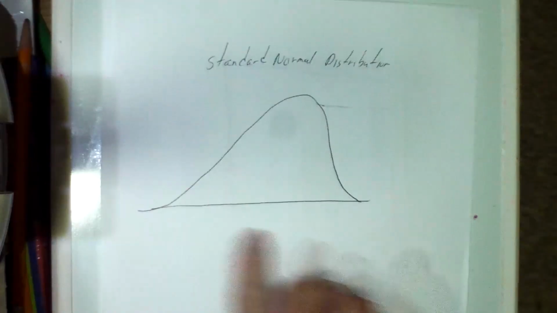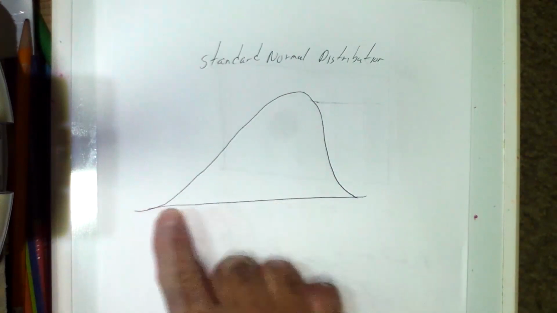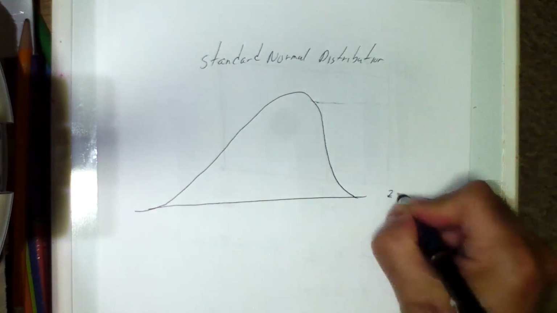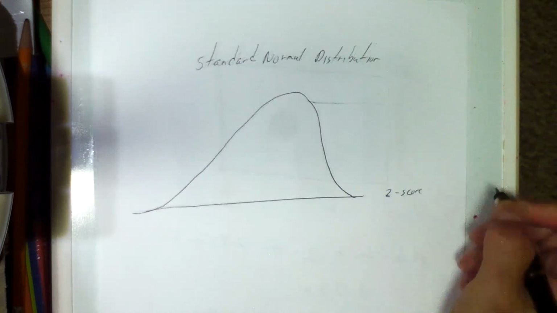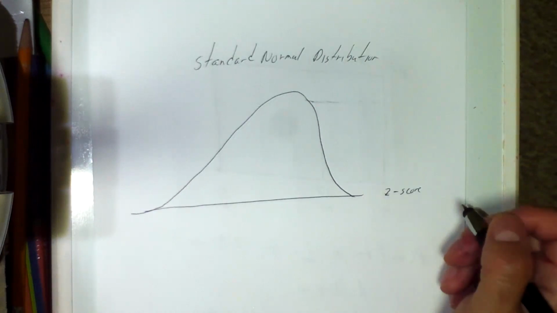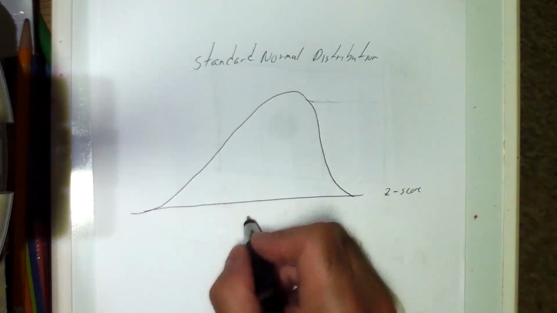All right, so the bottom scale of the graph is the z-score. Think of the z-score that we did back in chapter 3. Remember we did the heights of people? Think of the z-score like the number line. You had 0, you had the next.